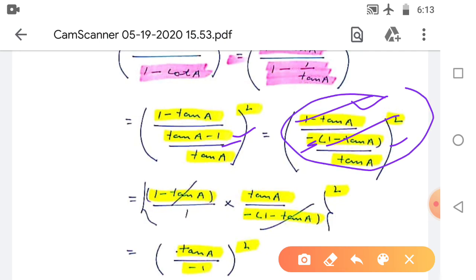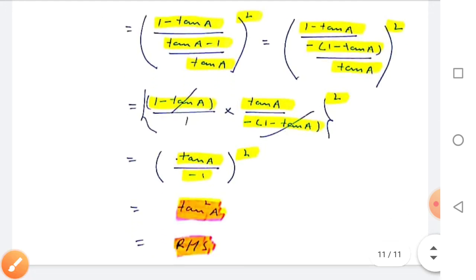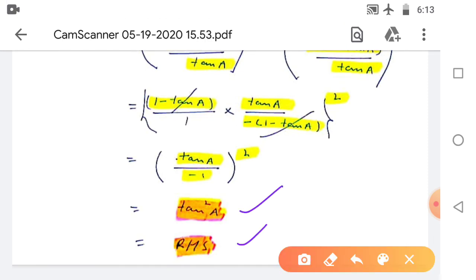So it becomes 1 minus tan A upon 1 into tan A upon minus (1 minus tan A). This 1 minus tan A cancels with 1 minus tan A, and we are left with (tan A upon minus 1) whole square. And finally it becomes tan square A, which is required in the RHS. That is tan square A.